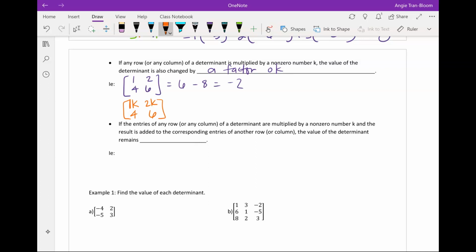Negative 2k. Would you agree with the property? Let's see if the basic math holds. The determinant is going to say 1k times 6, which is 6k, take away 2k times 4, which is 8k, which gives us how many k? Negative 2k. So if k is 10, it's now negative 20.